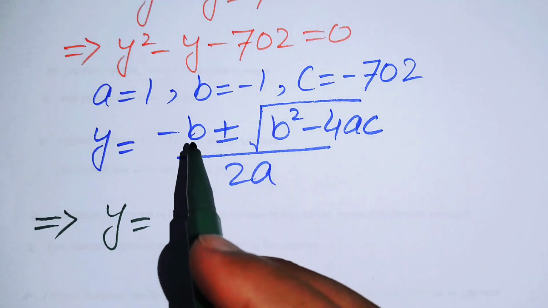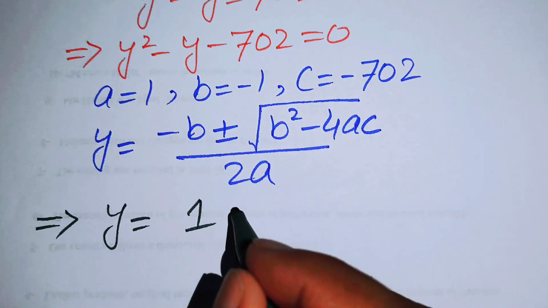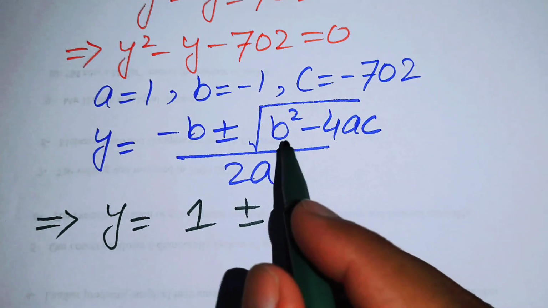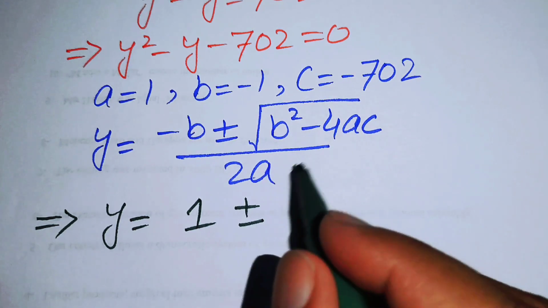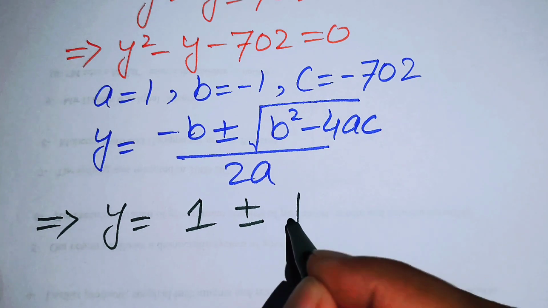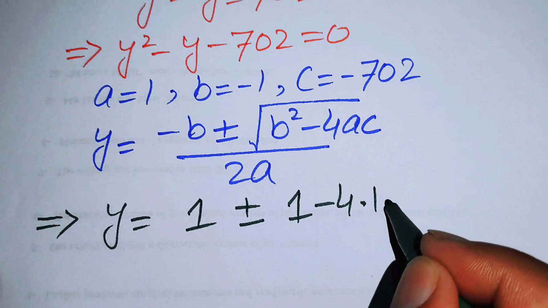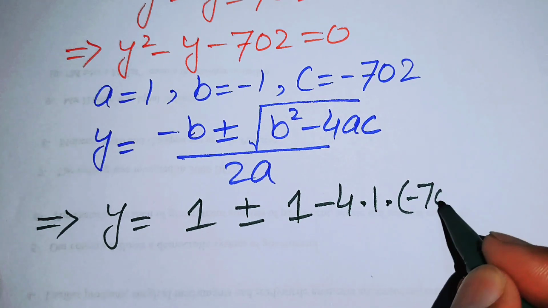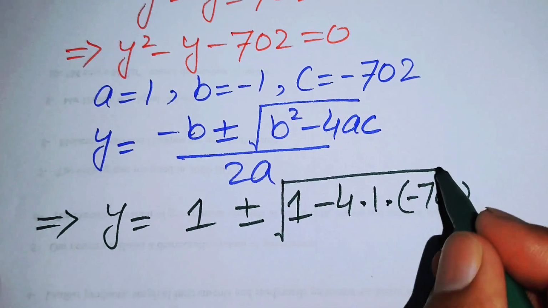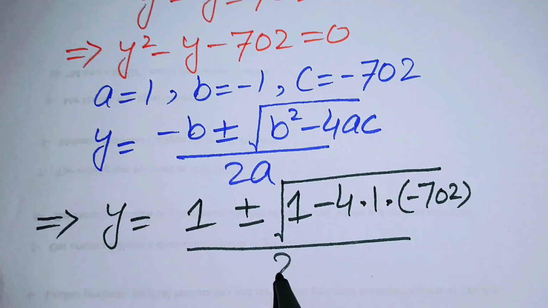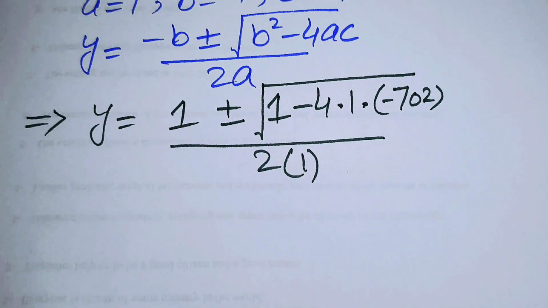So when you put it here, minus times minus is equal to plus 1, and plus minus the square root of b squared, and b is minus 1, so minus 1 squared is equal to plus 1, minus 4 times a is 1, and c is minus 702, over 2 times a, and the value of a is 1.